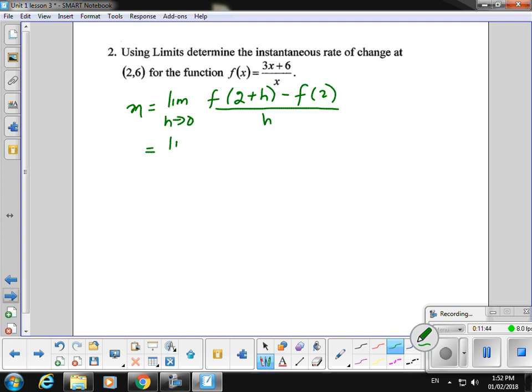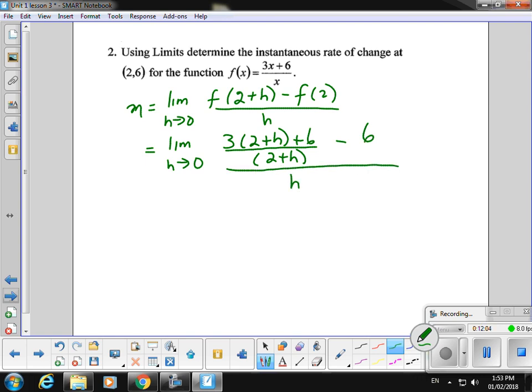For this particular one, I am looking at the limit as h approaches 0 for 3 times 2 plus h plus 6 over 2 plus h, subtract f at 2, which we happen to know is 6, all over h. So that is quite messy and not very helpful to find the slope of the tangent.